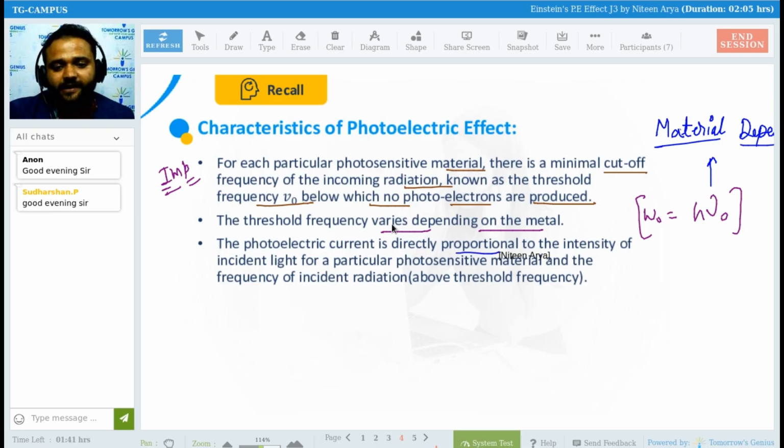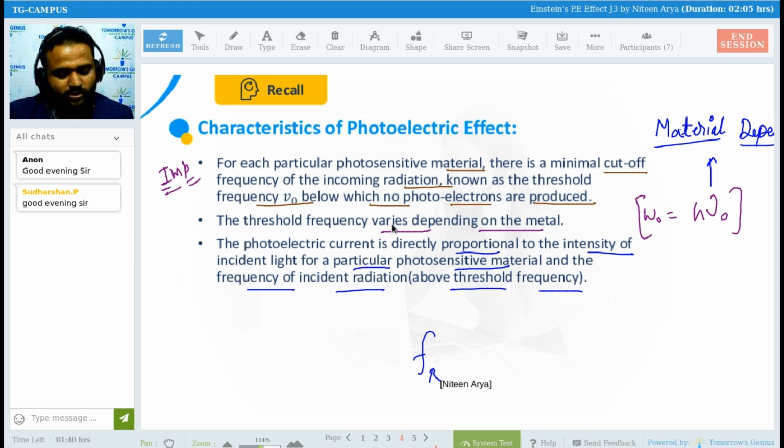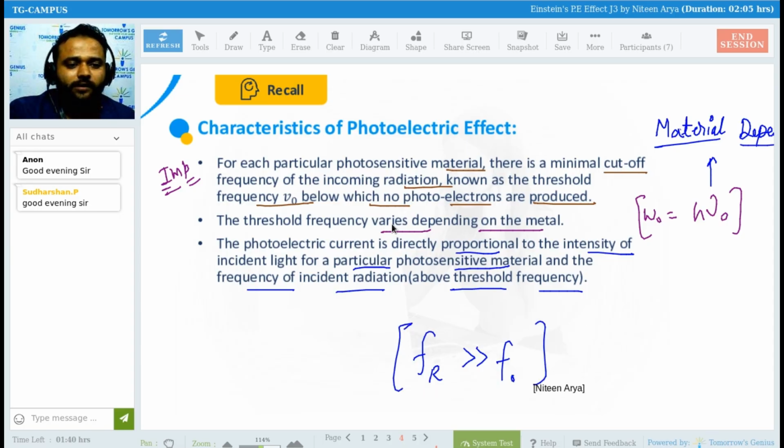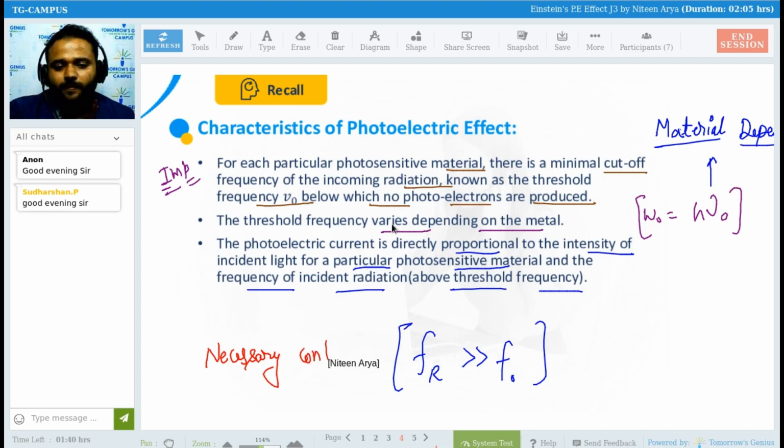The photoelectric current is directly proportional to the intensity. Again, intensity, why? Because intensity has an amplitude square, and amplitude square determines how many electrons are going to be emitted by this intensity for a particular photosensitive material, with the frequency of incident radiation above the threshold frequency. Unless the frequency of the radiation is more than this threshold frequency, the photoelectric effect is not going to happen.